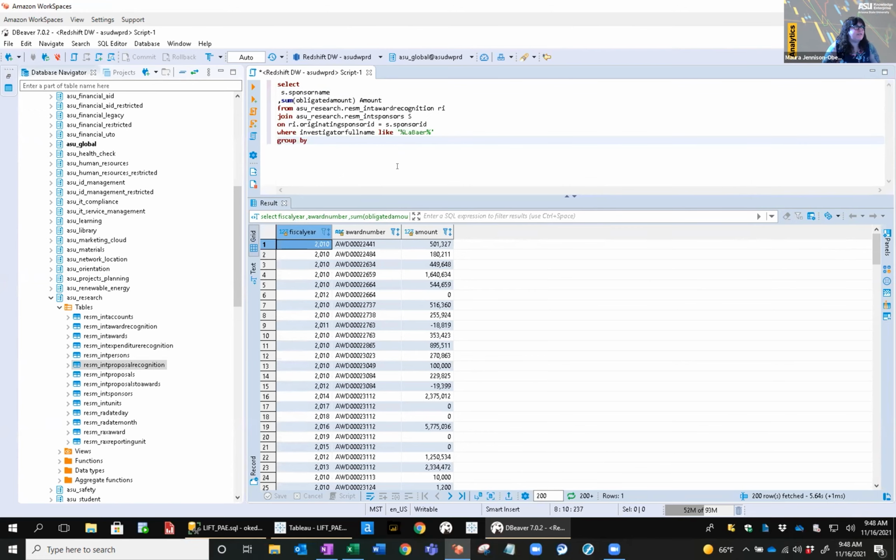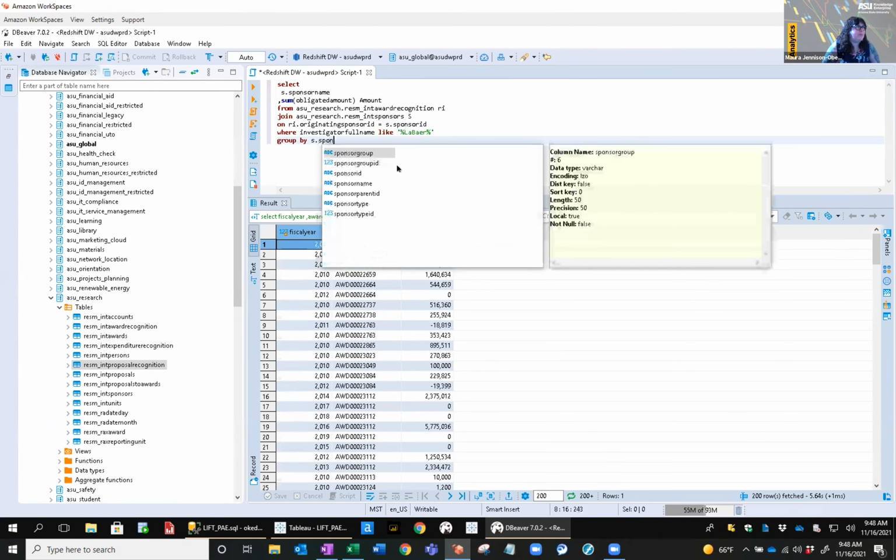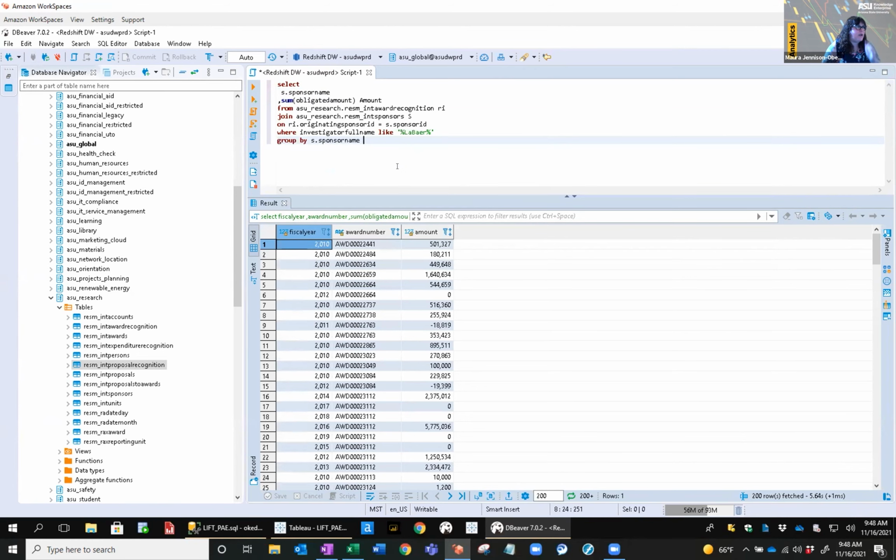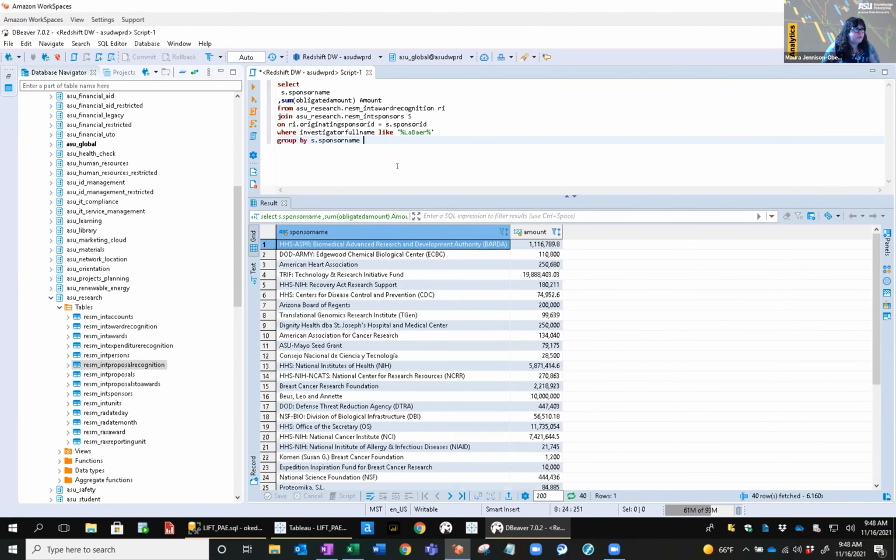Okay, so now I'm just going to select the sponsor name from the table I joined, and I'm going to get the total amount that Josh LeBaer has been recognized for each sponsor. Here we go. You can also pull out the different sponsor groups off of the sponsor table.